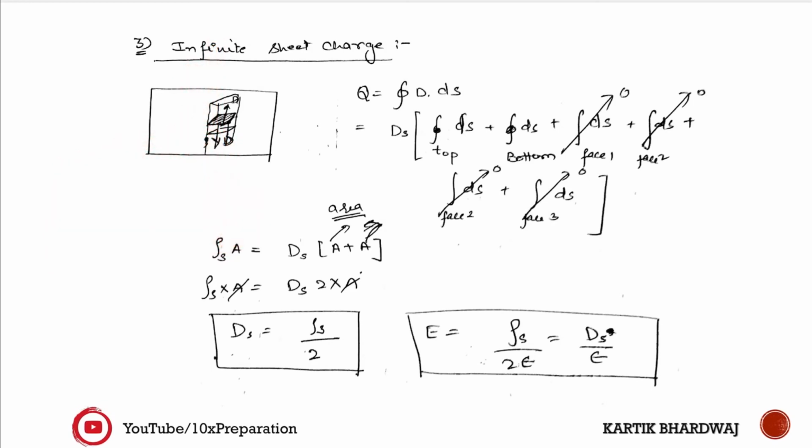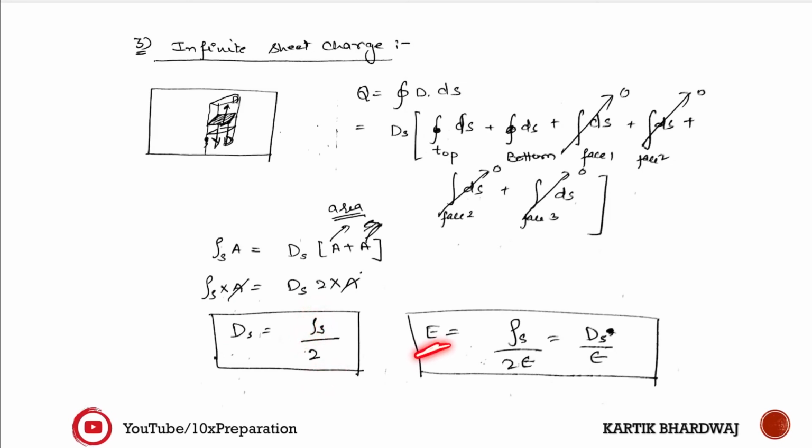So rho S A is equal to D times 2A. A cancels out, so D is equal to rho S by 2. For the sheet, the electric flux density is the surface charge density divided by 2.